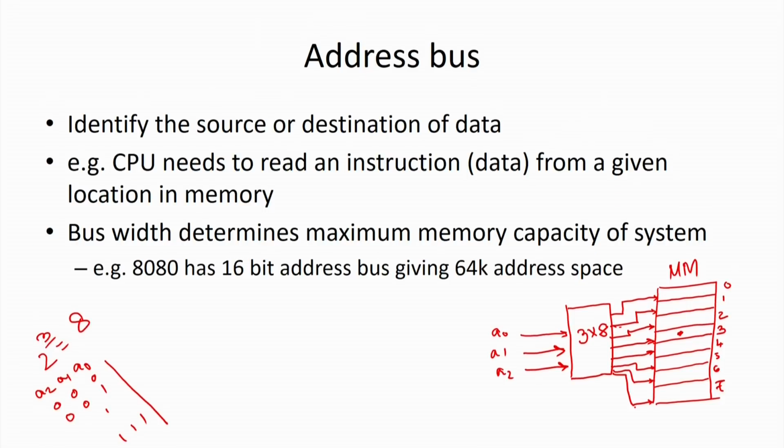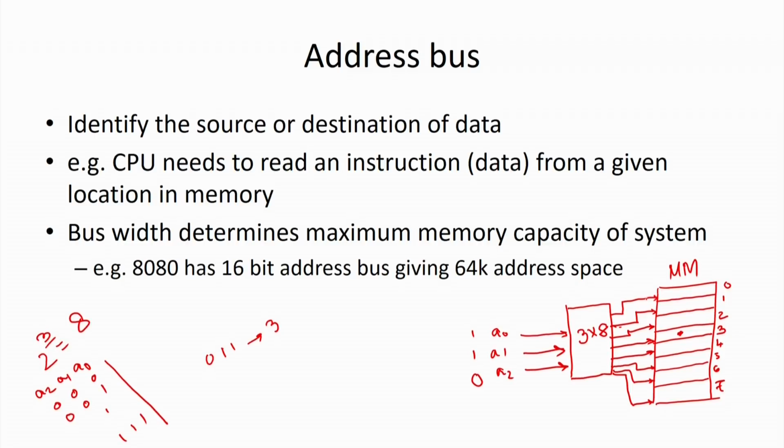Depending on the information that we put over here, it is going to enable one of the lines. So, if I give the information, say, 1, 1, 0, where A2 is the most significant bit and A0 is the least significant bit, then 0, 1, 1 is basically going to represent 3 in decimal.